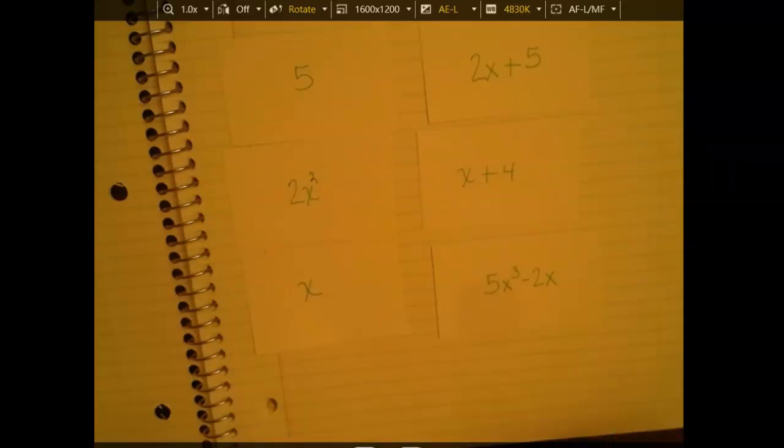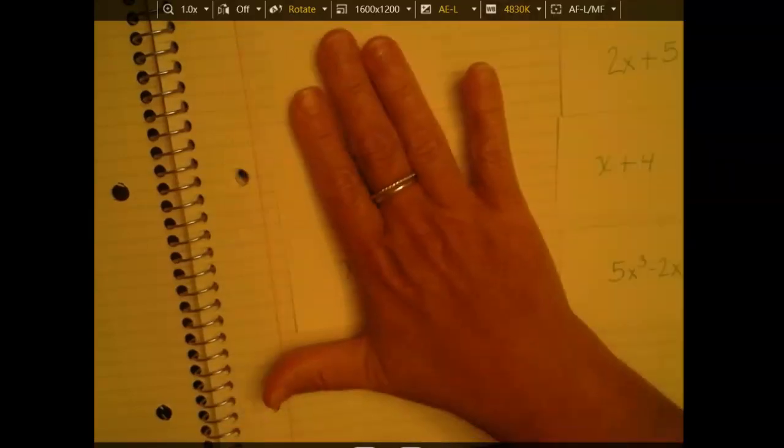Now, let's separate these and think about them again. Even though we said these are kind of alike in some way, they have only one part to them, they're still really different in other ways. Like 5, something I know and can count on and could do math to. If you said add 2 to it, I could do it, right? If you said divide it by 10, I could do that, okay?